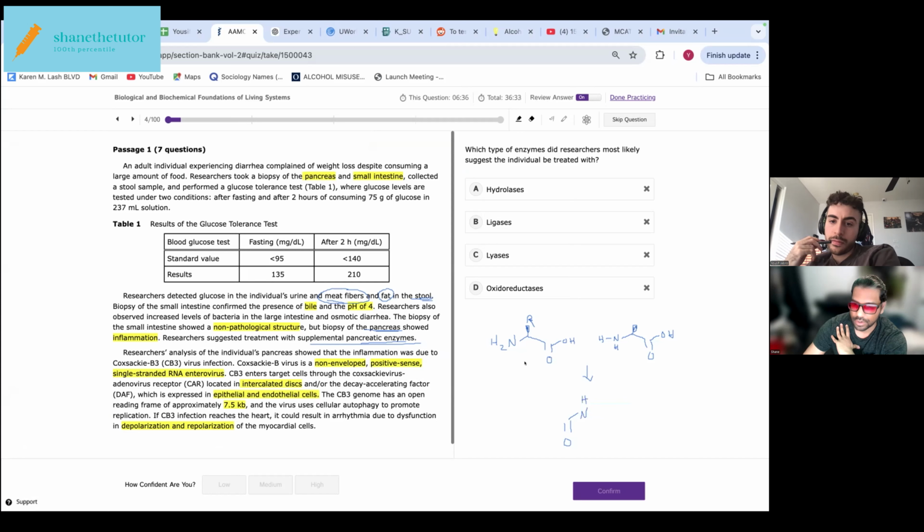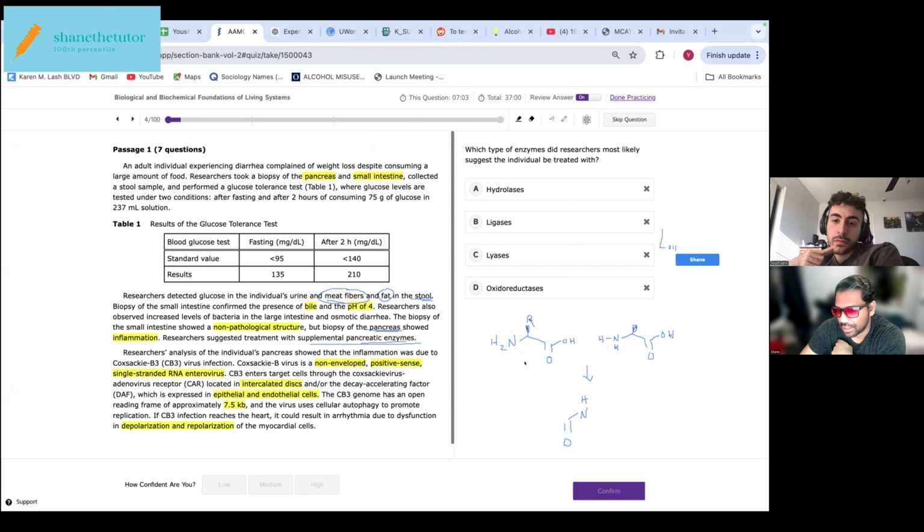So if they synthesize through the loss of water, if you want to break them, what must you do? Use water. Now that's going to be the same also for the fats.